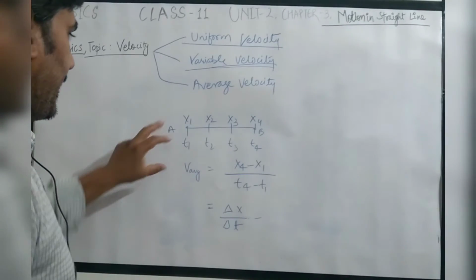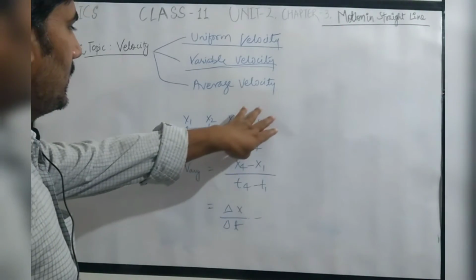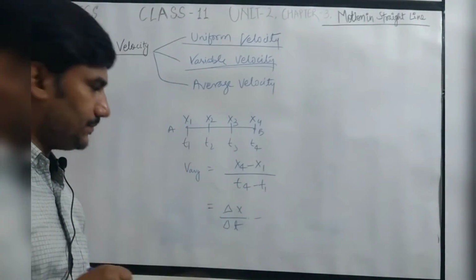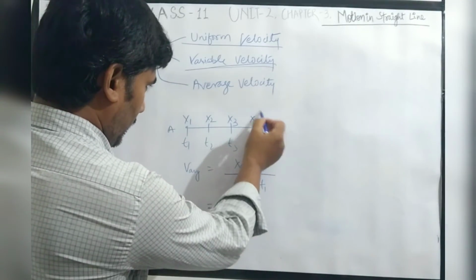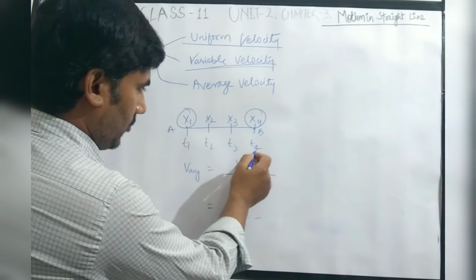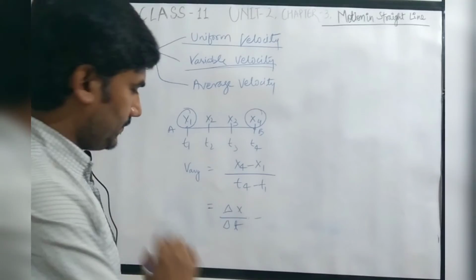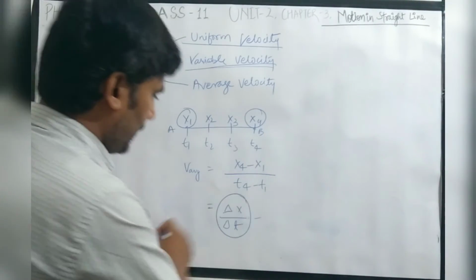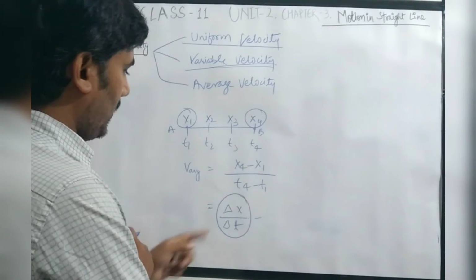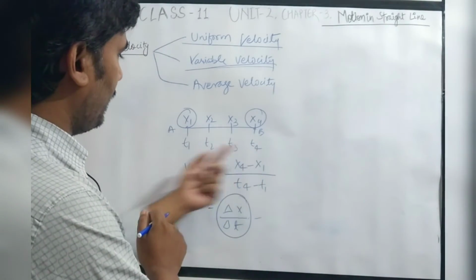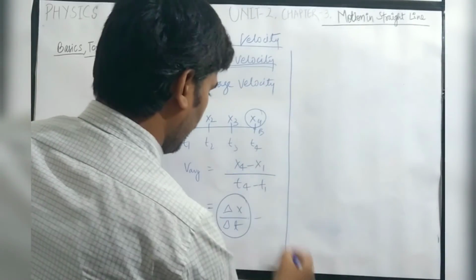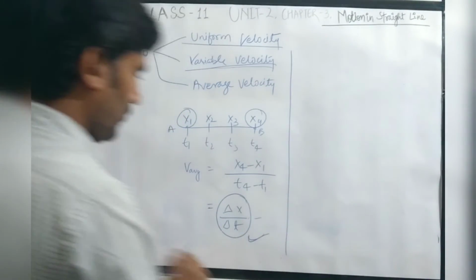Average velocity is total displacement covered upon total time taken. In terms of position, we can write x4 minus x1 upon t4 minus t1. It reduces to delta x, the change in position from A to B, upon time taken, which is t4 minus t1, that is delta t. We can denote it mathematically.